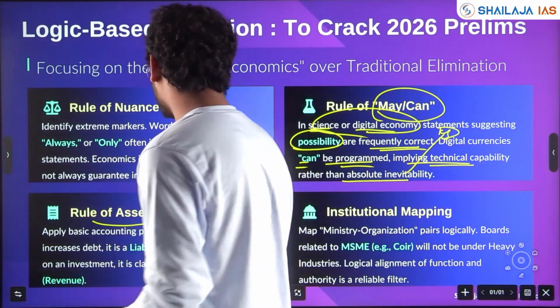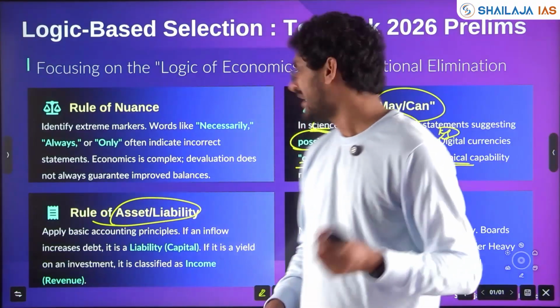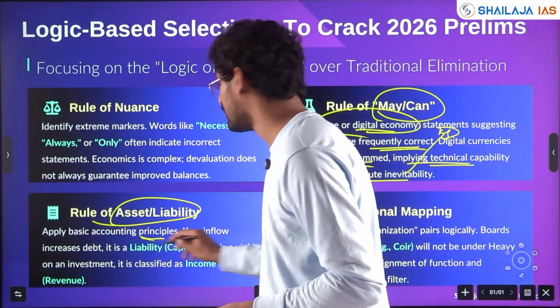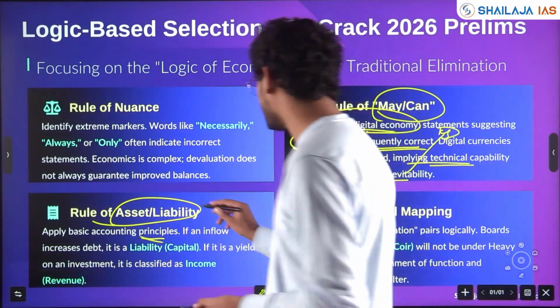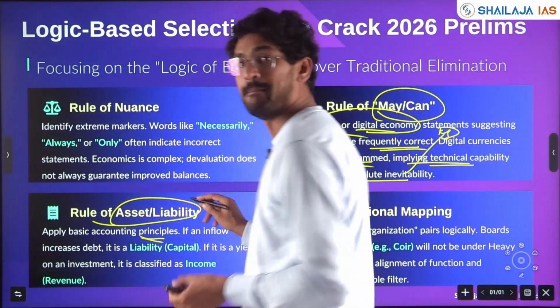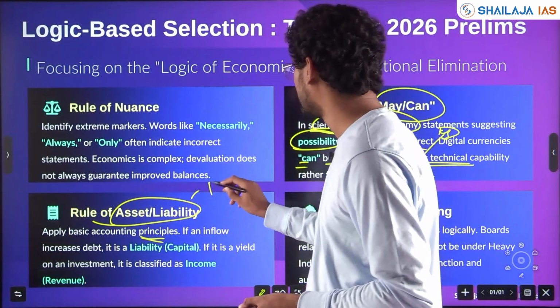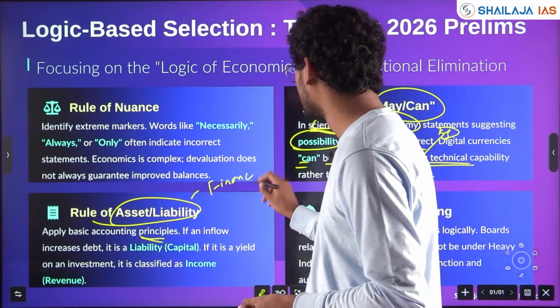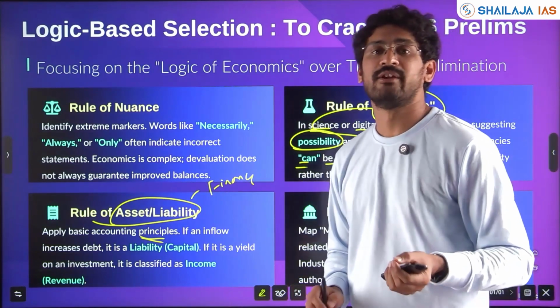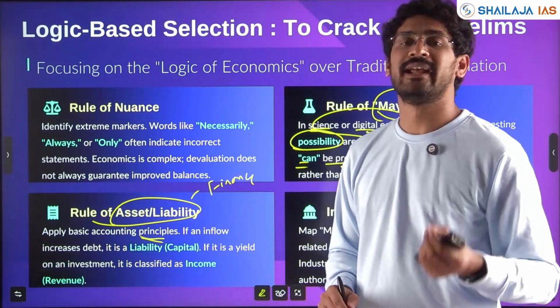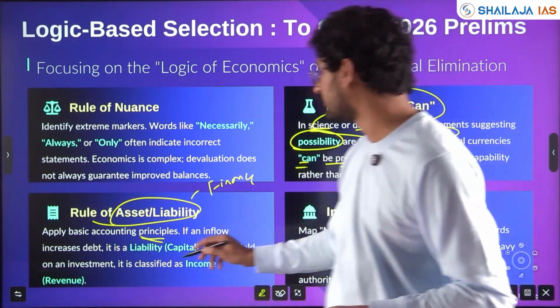Then the rule of asset and liability. You should know basic accounting principles in the money market, capital market, budgeting, finance, banking: what is capital revenue, what is asset, what is liability. Every year 2 to 3 questions will come here.